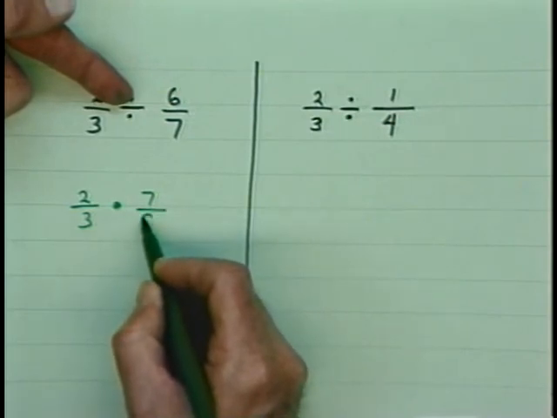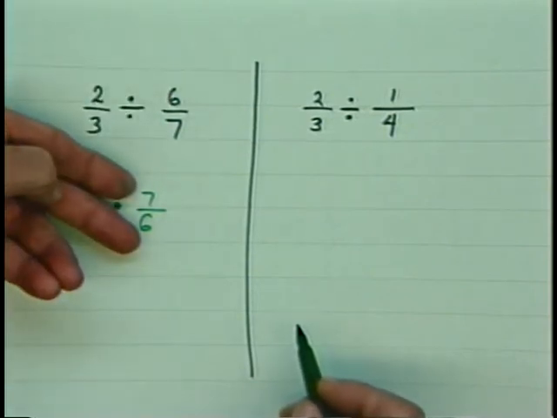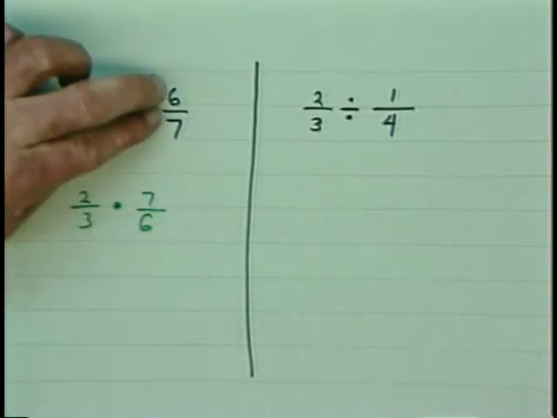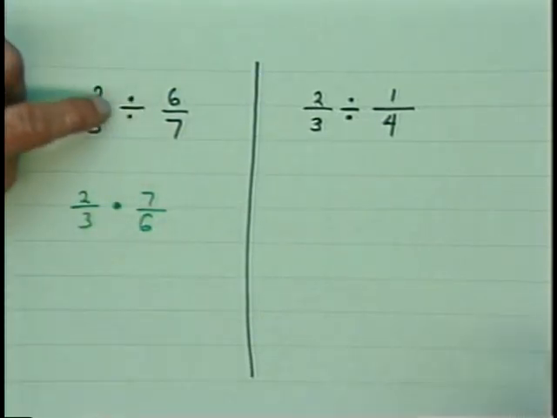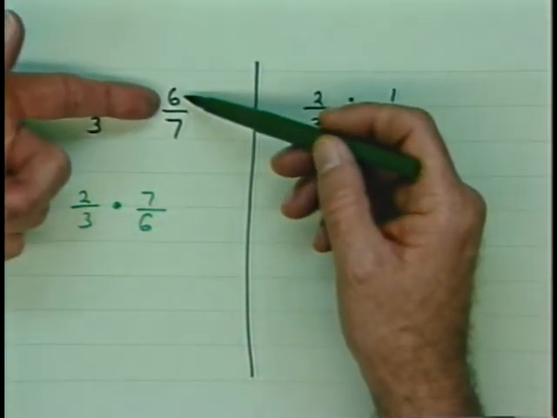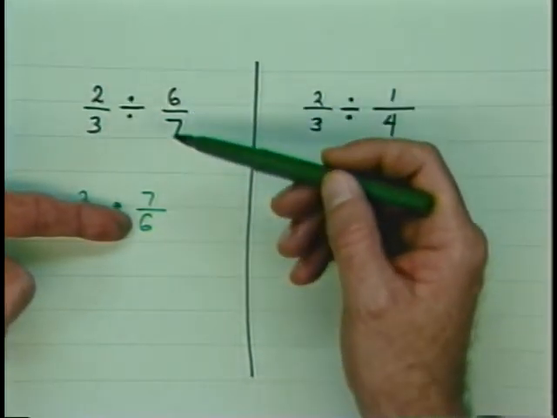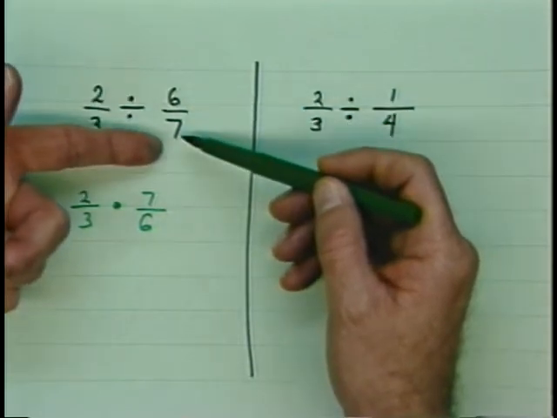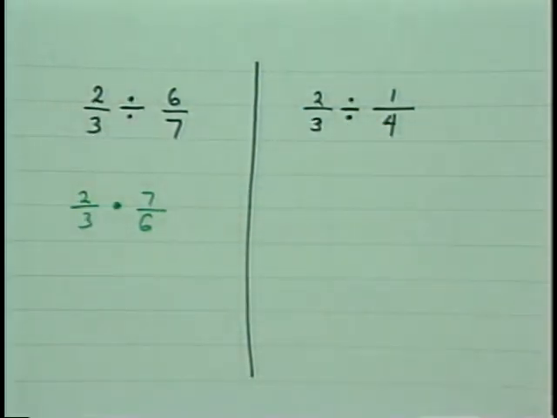Now note our use of language. We took the reciprocal of 6/7, which is 7/6, or you can say I tipped 6/7 upside down, or I could say take the multiplicative inverse of 6/7, which is 7/6.